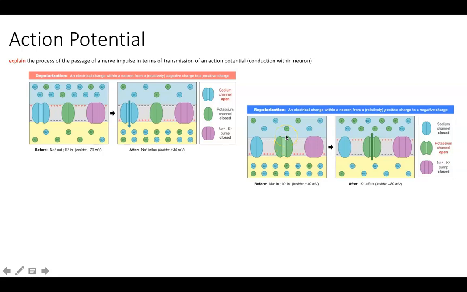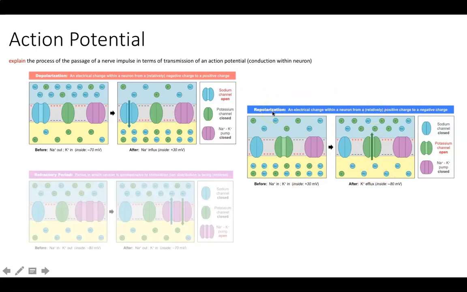So this is called the efflux of potassium, and it causes the membrane potential to return to a more negative internal differential. Basically, if you just know the process of, okay, first step, sodium comes in, and then the next step, that triggers all the potassium to go out. So that's repolarization. And then what happens next?